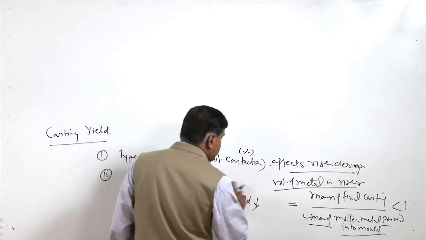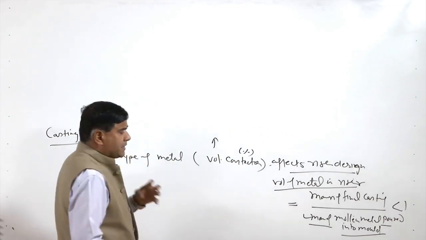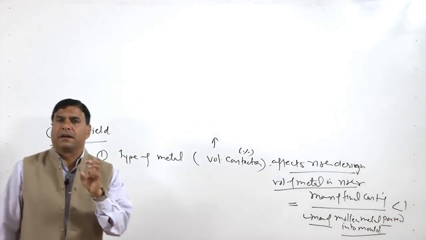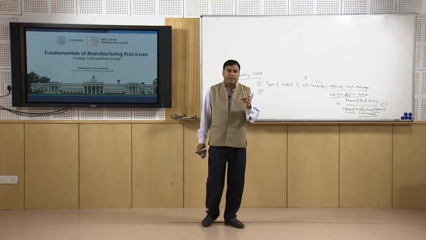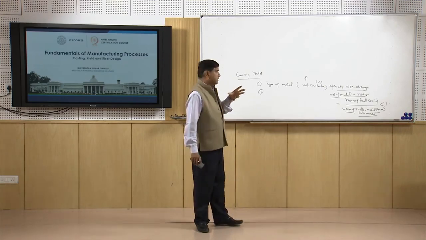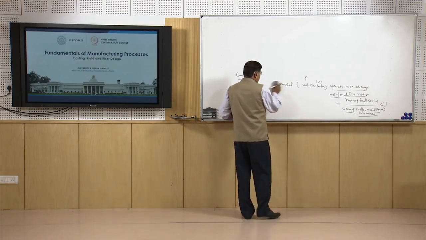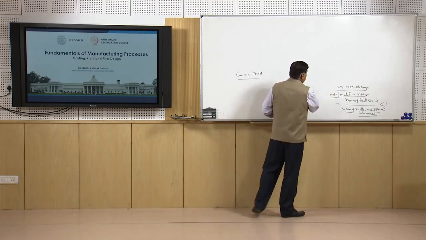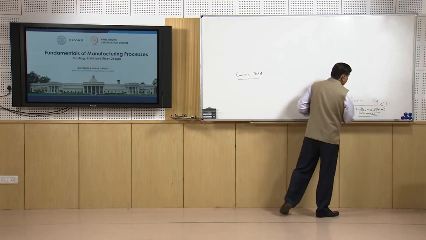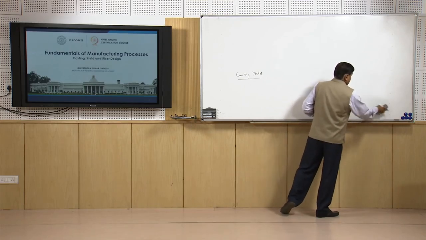So, efforts are always made to design the gating systems in such a way that the requirement of the extra molten metal to be fed into the gating system is not much beyond the requirement of the final casting.